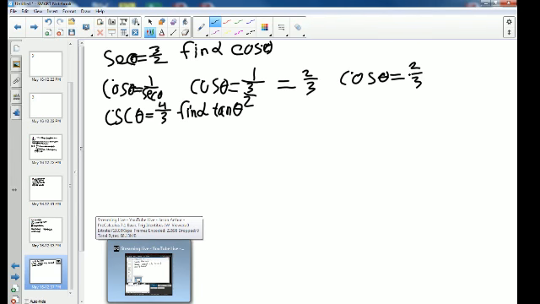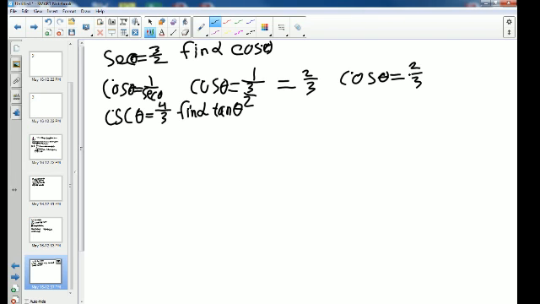What you're going to do is use the Pythagorean identity, since you can't do a reciprocal identity for this, but we do have a Pythagorean identity.